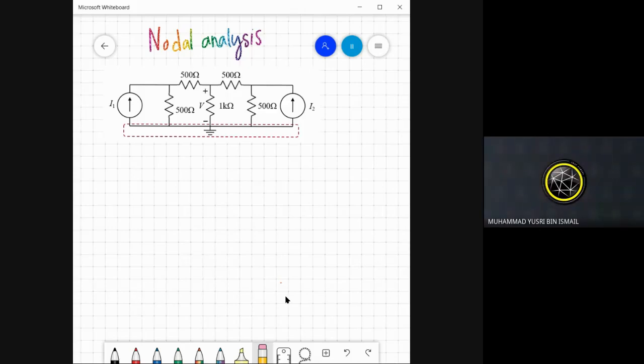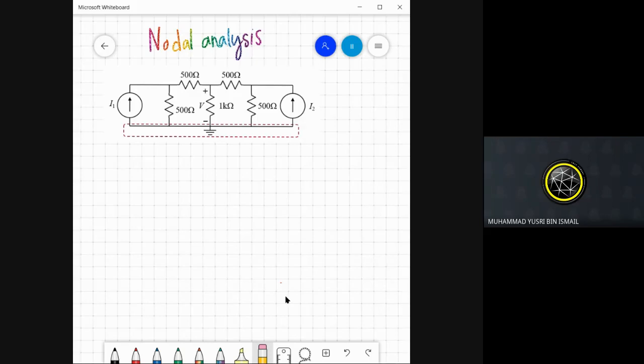For mesh, you analyze in terms of the loop of the circuit, and for nodal analysis, you analyze based on the node.